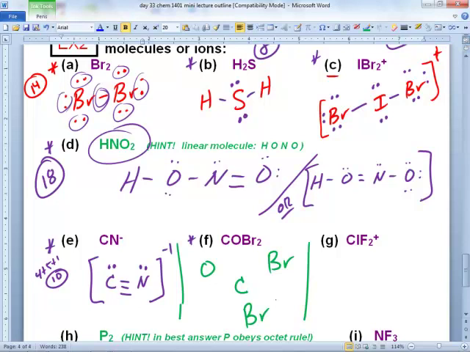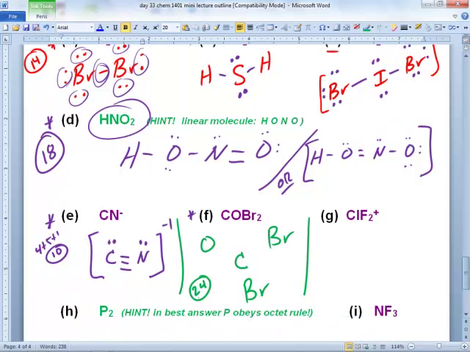Okay, a bunch of people have 24. I agree with that. So you should be working with 24 electrons. You should be working with 24.